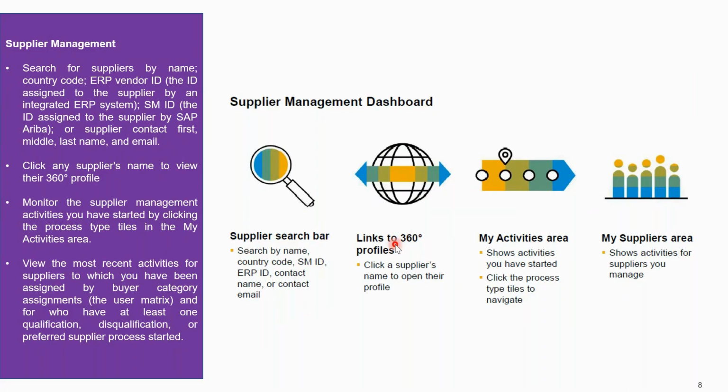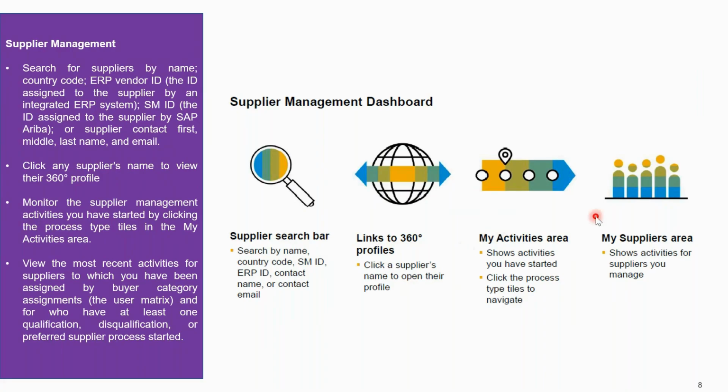Again, the 360 profile: the moment you have a supplier in front of you, you can view all the data or the different transactions done by that supplier from the same URL. That is how the 360 profile is, and there are many more concepts in the 360 profile which I'll give you in the next few minutes.